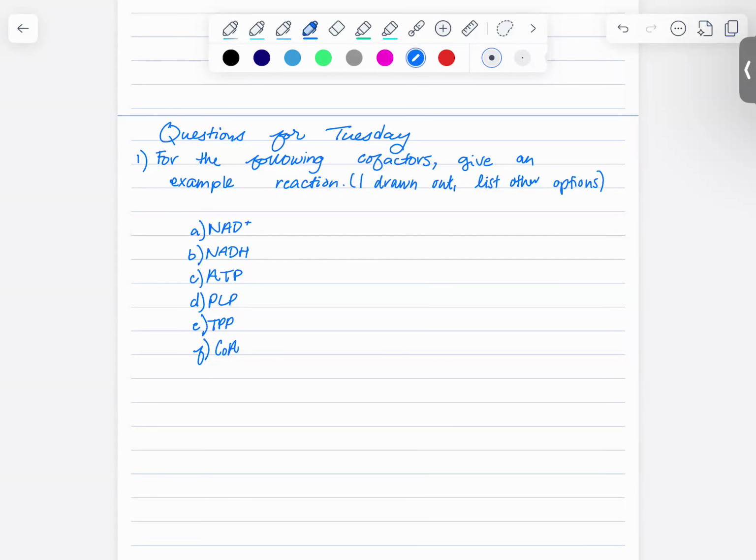TPP will always be when you have the two carbonyls next to each other. Mm-hmm. Yeah.